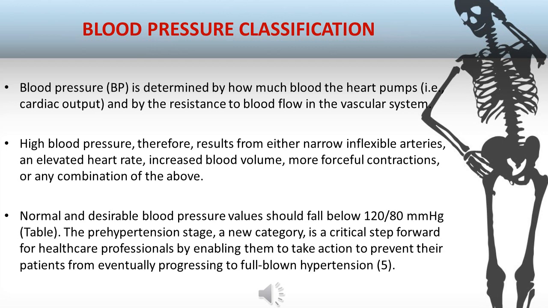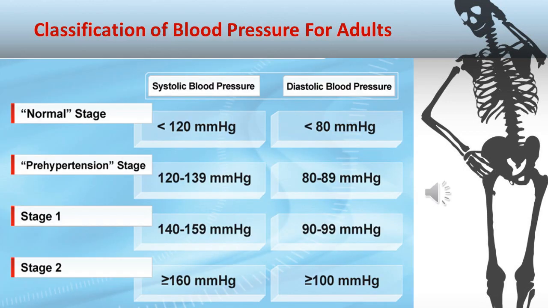So the normal, desirable blood pressure value should fall below 120/80 mmHg, as shown in the next table. There is a pre-hypertensive stage, which is a new category and also a critical step forward for healthcare professionals by enabling them to take action to prevent their patients from eventually progressing to full-blown hypertension.